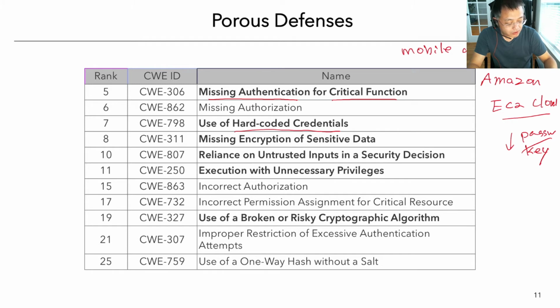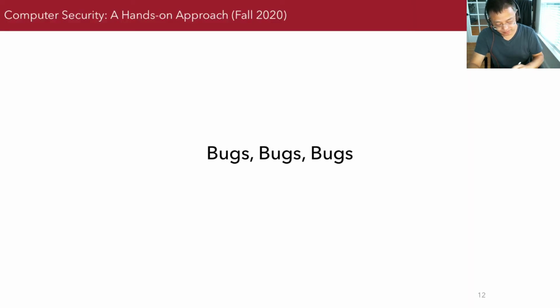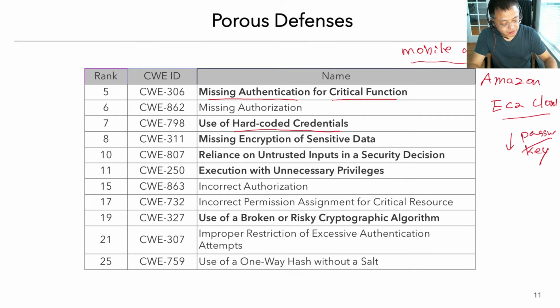Now, where do you store this key? In the mobile app, right? Sometimes they just put the key in plain text in the mobile app. Sometimes they encrypt it. But the best protection is to use the facility provided by Amazon.